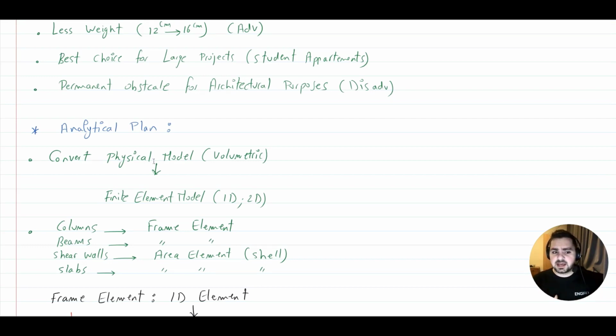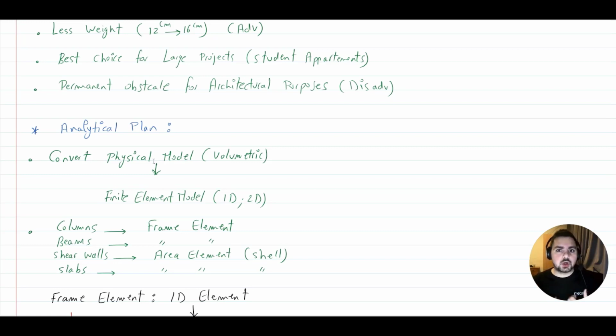An analytical plan is converting a physical model, which is a volumetric model, into a finite element model, basically 1D and 2D. So we have two types of elements here, which are frame elements and area elements or shell elements. Our columns and beams are usually frame elements, which are 1D elements. Our shear walls and slabs are area elements or shell elements, so they are 2D.